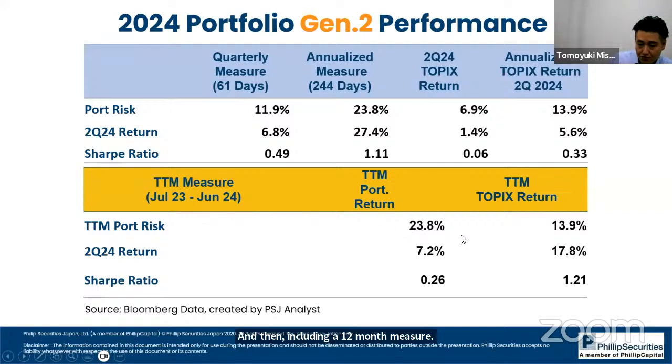It looks like 23.8% portfolio risk against the Topix's 30.9%, and portfolio return is 7.2% against 70.8%, and the Sharpe ratio is less performing than the Topix. So our current return is very situation specific and not generalized to the last 12-month situations.